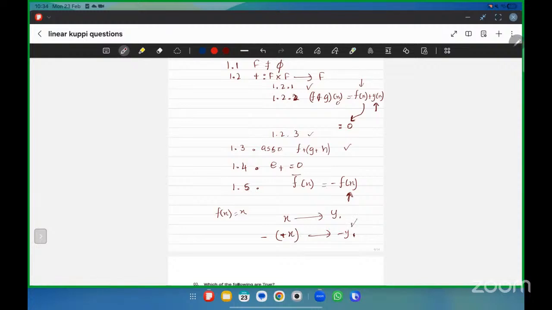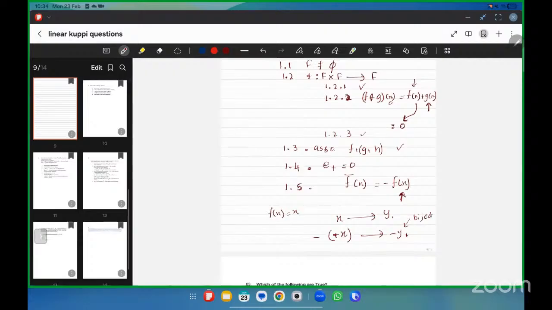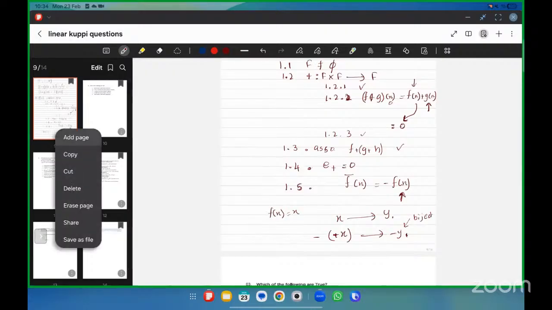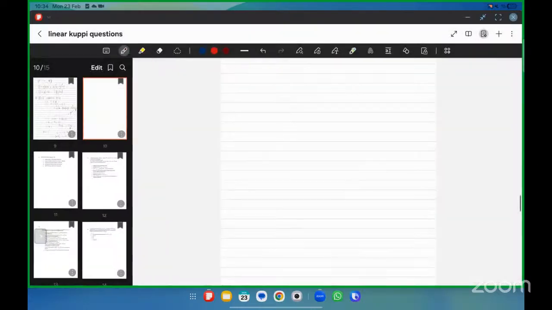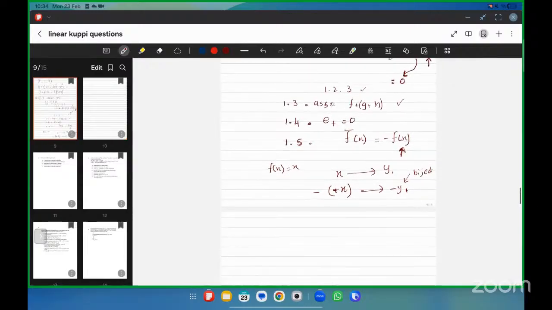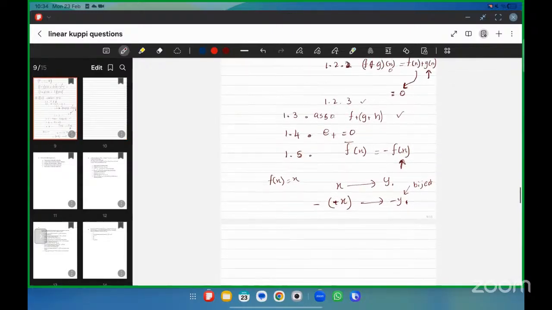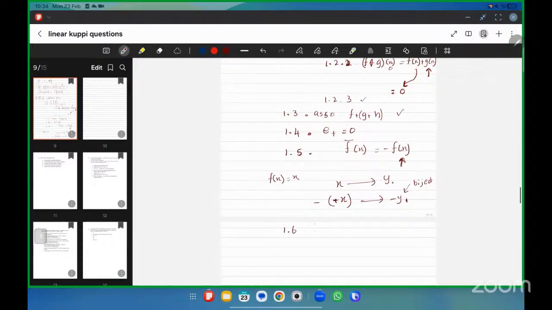Then we can tell this is also bijective. So 1.5 is fulfilled. We can tell it's a group, but we have to check whether it's an abelian group or not.